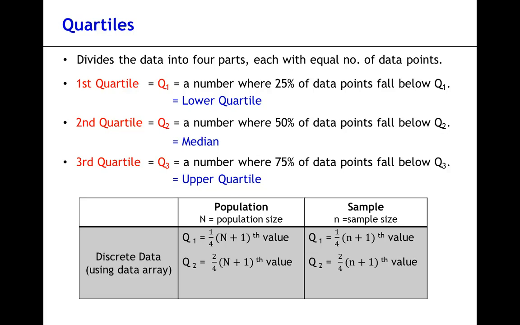Q sub 2 is the 2 over 4 times bracket n plus 1 value. Q sub 3 is the 3 over 4 times bracket n plus 1 value. If dealing with population, then the population size capital N is used. If dealing with sample, then the sample size small n is used.